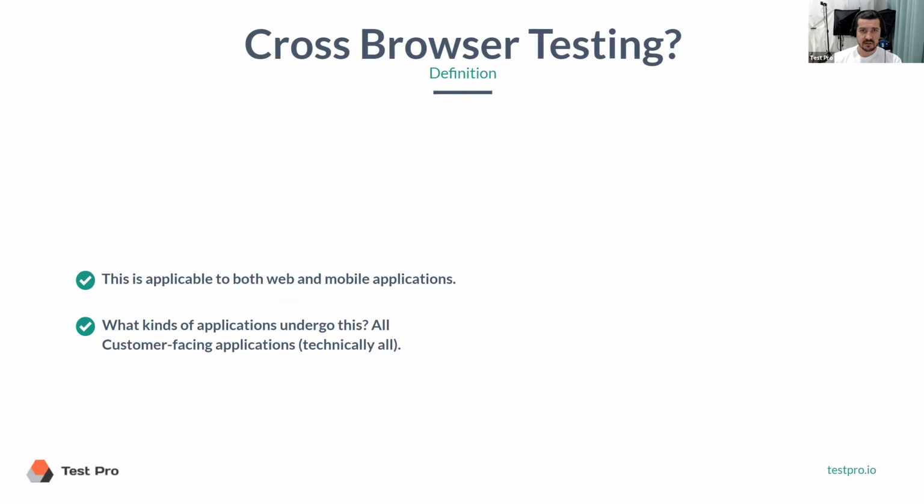Okay, so what's cross-browser testing? It is what it is. You can test your application in different browsers, and if it has a user interface, like all web applications, for example, they all have a user interface built for users, right? For customers, for people like we are. So we click on the buttons and everything. So basically any of those you can test on different devices using these 3 different types of cross-browser testing.